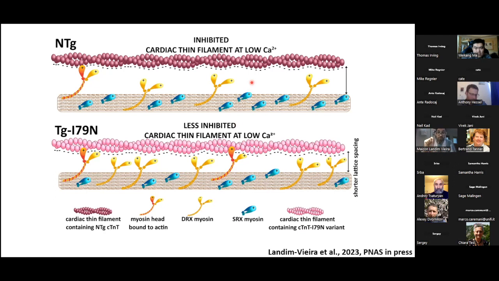But they will not successfully form many active cross-bridges because the thin filament is actually inhibited. However, when we look at the I7-9N context, we know that this variant is destabilizing the interaction between the troponin T loop region and actin, and that causes the thin filament to be less inhibited even at low calcium.